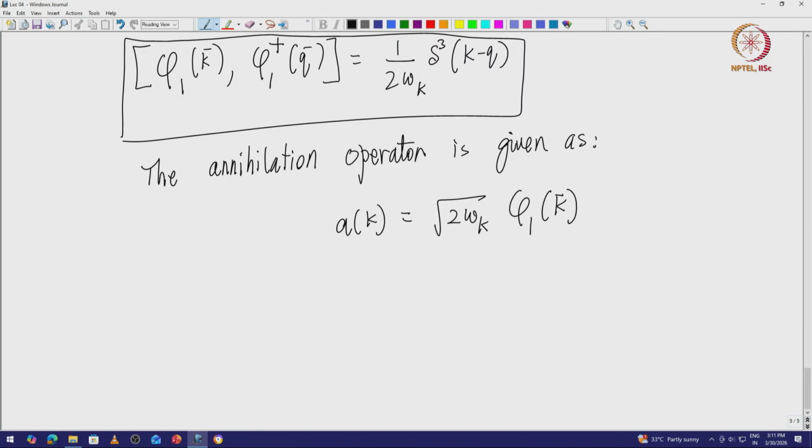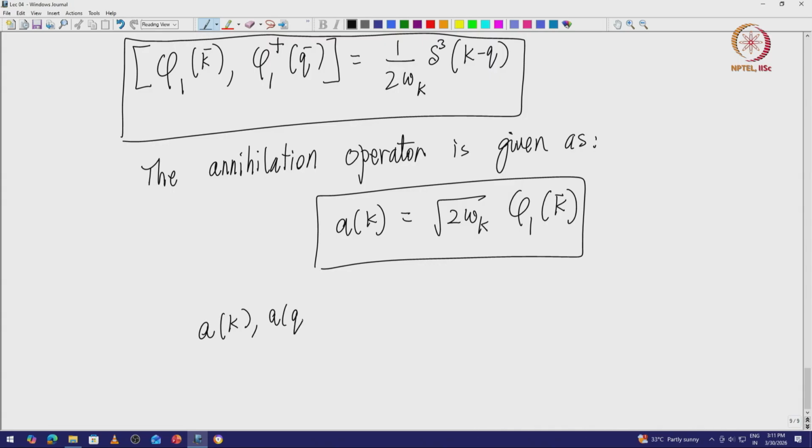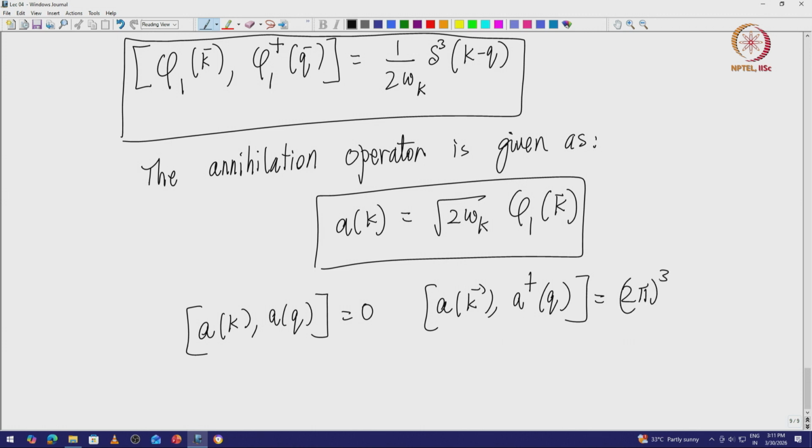So with this you have your definitions for the annihilation operator, and so the commutation relations we derived so far would just become A of k, A of q is equal to 0, A of k, A dagger of q is equal to 2 pi whole cube delta cube of k minus q.